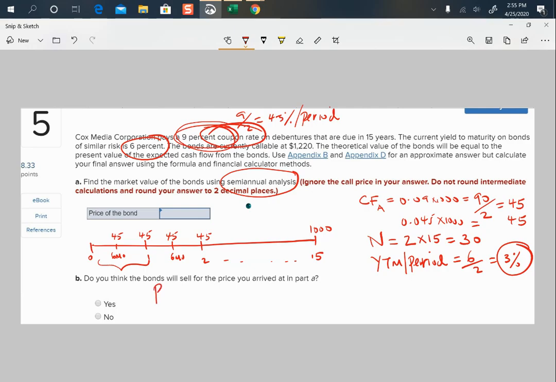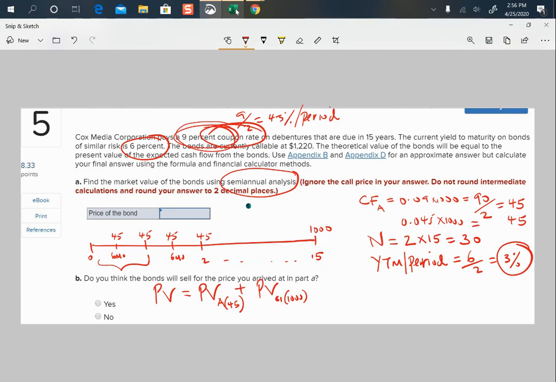To determine the value of this instrument, which is the present value of the future cash flows, we determine the present value of the annuities, that is the $45 each period over 15 years, and we also determine the present value of the $1,000, which is the face value. You sum those together, and that will give you the present value of the instrument.